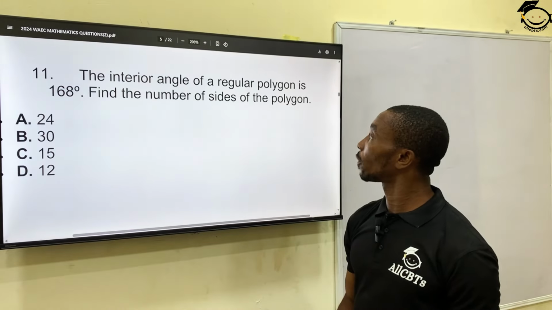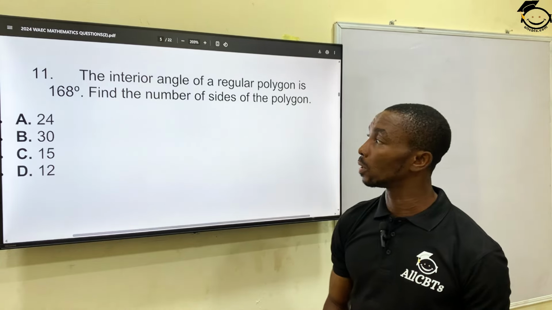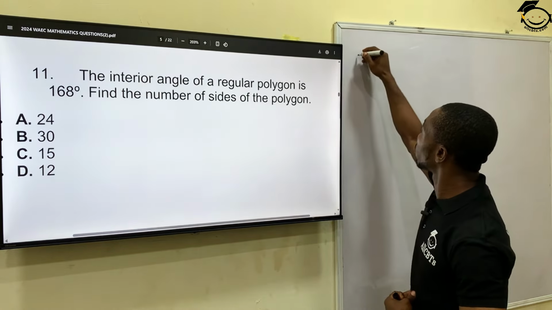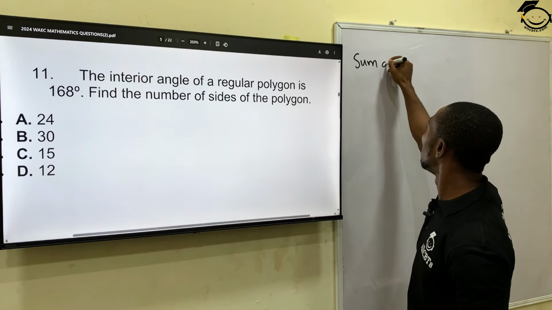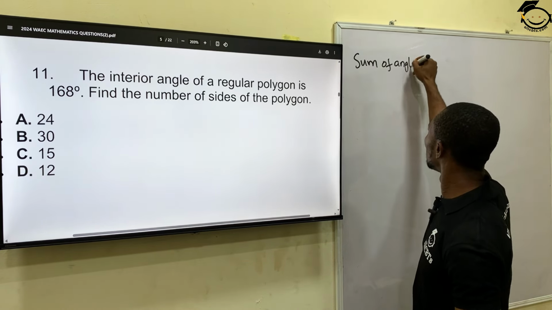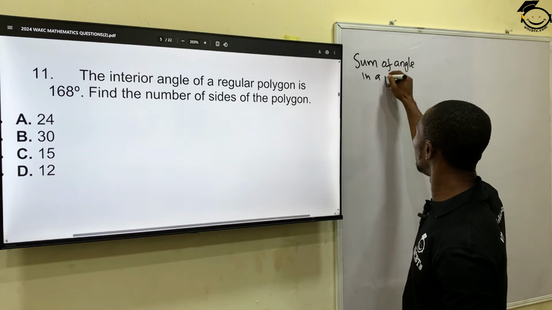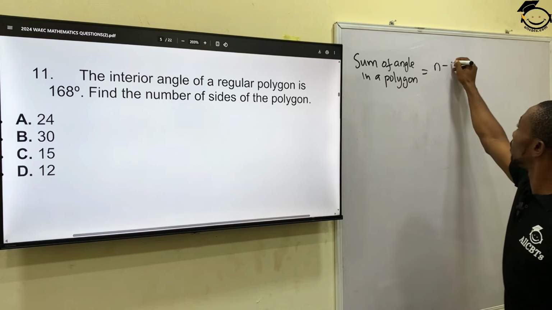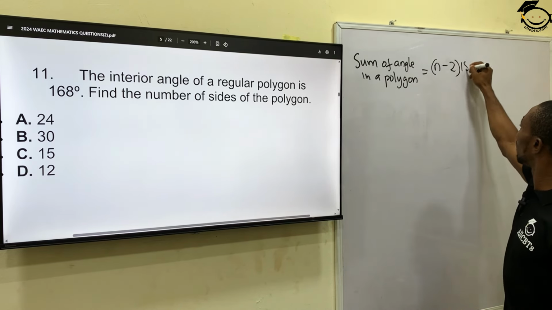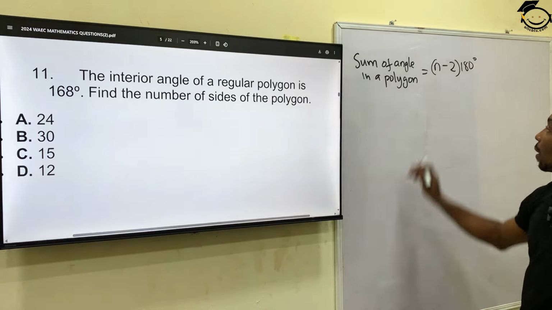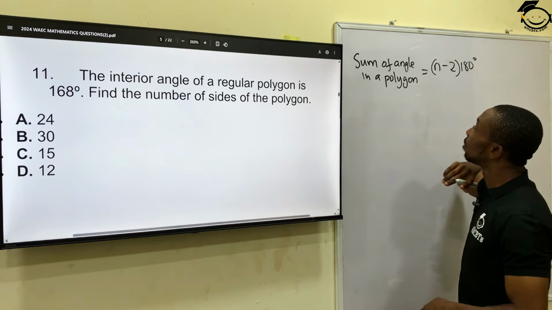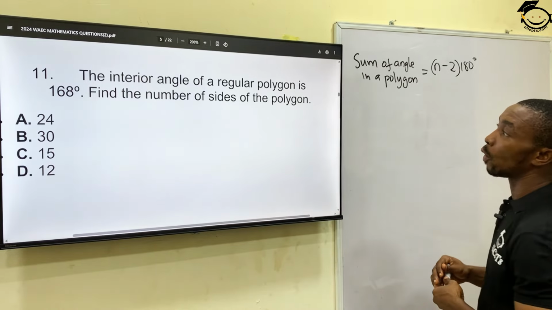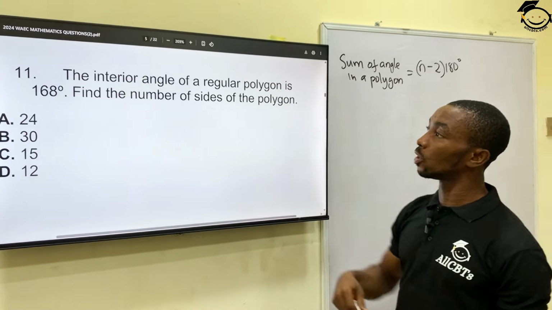The interior angle of a regular polygon is 168 degrees. Find the number of sides of the polygon. We know that for the sum of angles in a polygon, we have (n minus 2) times 180 degrees, where n is the number of sides of the polygon. But now we are asked to find the number of sides, and we've been given one of the interior angles.